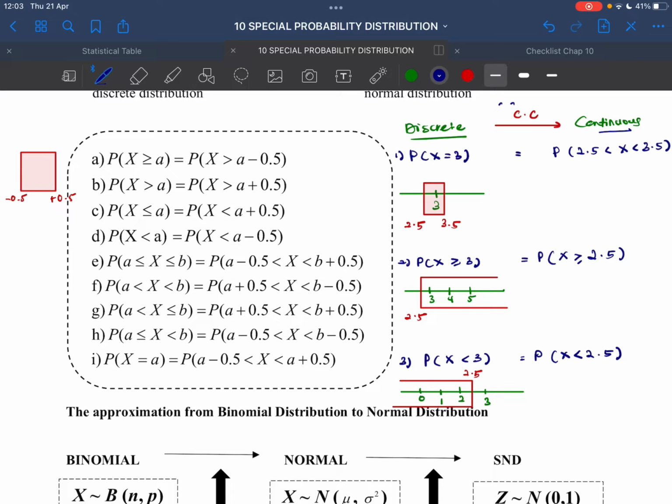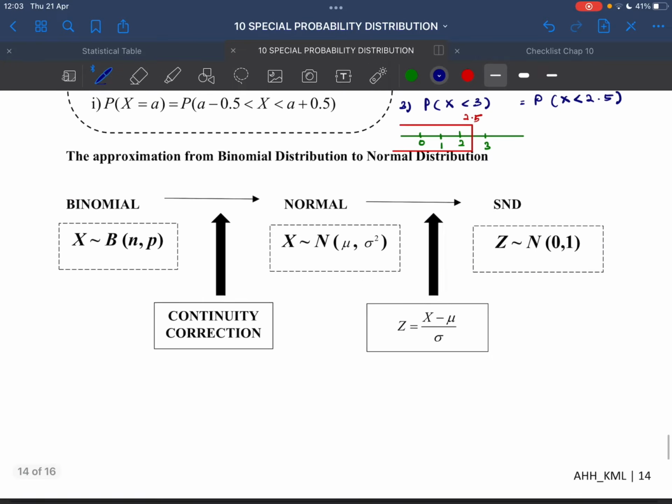Okay, so let's try one more. Let's say if I have P(3 ≤ X < 6). Okay, X is between 3 and 6, 3 is included. So we do number line. So discrete.